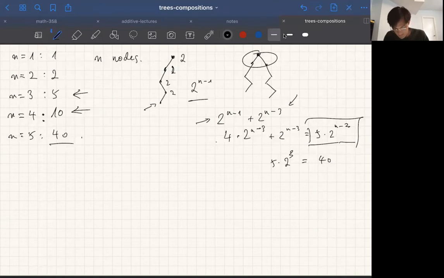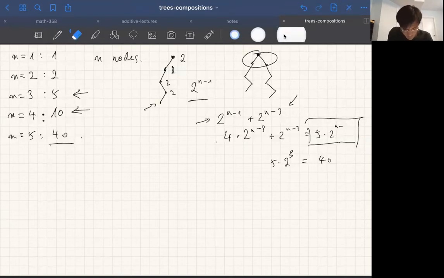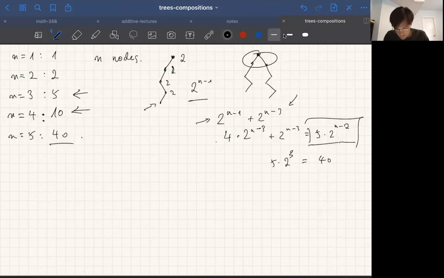So that should be 5 times 2 to the n minus 3. Oh, 3, not 2. Why did I write 2? Is that it? But that's not going to help because it'll just make it even bigger. Oh, wait. Oh, no, it'll make it smaller. Okay. 2 to the n minus 3.